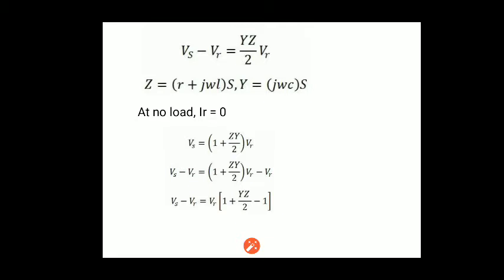And Vs minus Vr is equal to (1 plus ZY divided by 2) into Vr minus Vr. So Vs minus Vr is equal to Vr times (1 plus YZ divided by 2, minus 1).